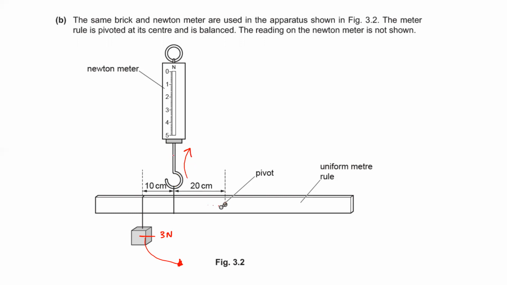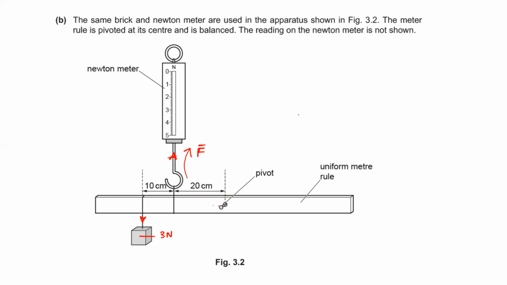This is the upward force, and this is the downward force, and the upward force will be reflected on this Newton meter. If we apply the principle of moments across this pivot, we call this force F. So F is the upward force, and this is 3 Newton acting downwards.